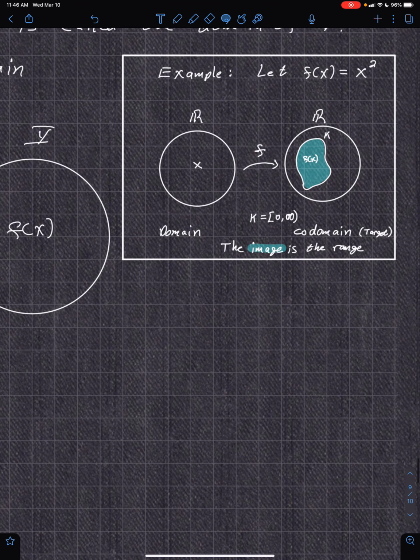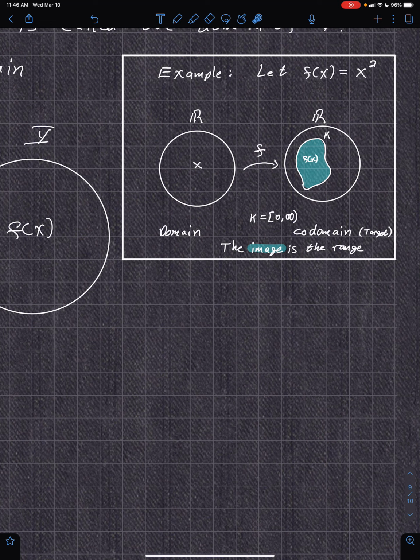Suppose you had f of x is x squared. Then you know that your domain is all reals here. And when you map f to, your codomain would be all reals. But when you take x and you do x squared, it doesn't end up being all the reals, right? You end up not having the negatives.